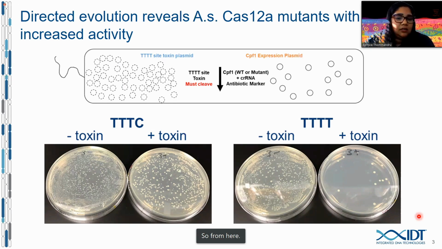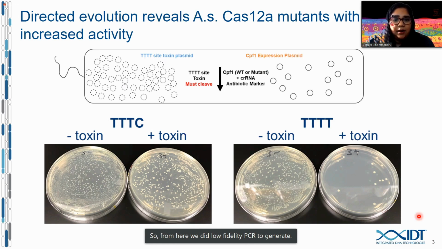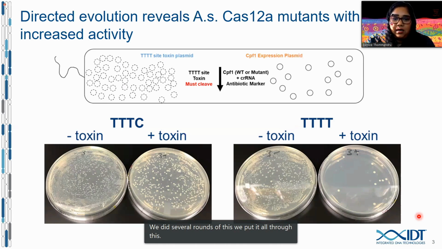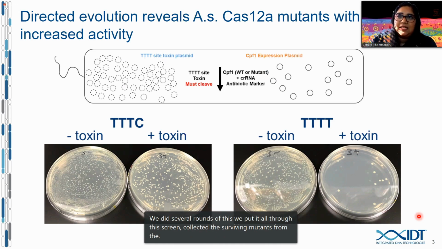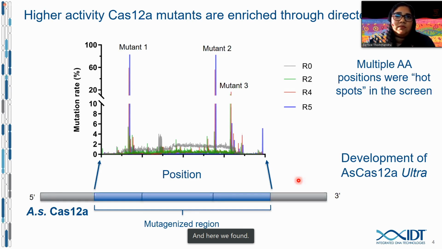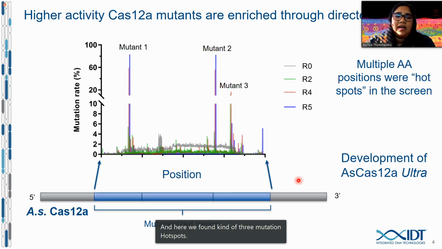So from here, we did low fidelity PCR to generate a mutant library. We did several rounds of this. We put it all through this screen, collected the surviving mutants from the TTTT plus toxin plate, and subjected everything to NGS. And here we found three mutation hotspots through the Cas12a open reading frame.